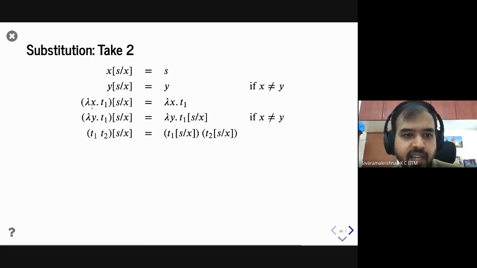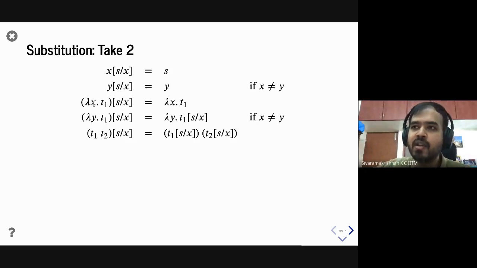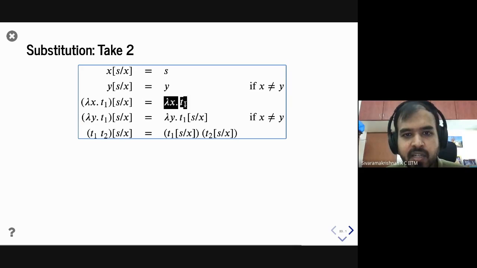The first one says that if the variable I'm replacing, x, happens to be the same name as the binder, which means that x is bound in this term t1, then there are no free x's in t1 anymore, because any occurrence of an x here will be bound here, or bound by a deeper binder. So there is no need to replace anything, and we just return the original term, lambda x t1.